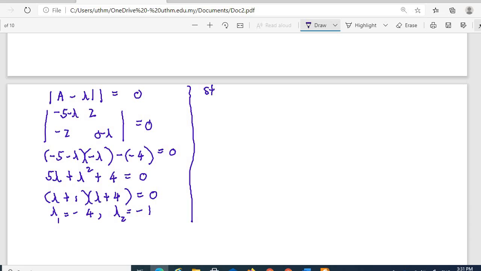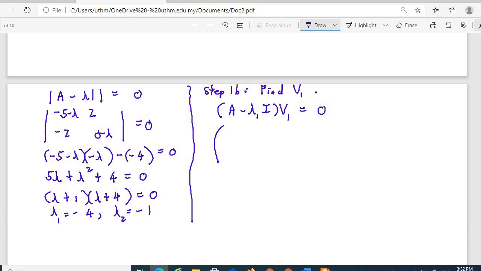So the step 1B here, find the eigenvector V1. To find eigenvector V1, you solve the system A minus lambda 1 I times V1 equal to 0. From this determinant, you change it to round bracket, substitute lambda 1, which is negative 4.